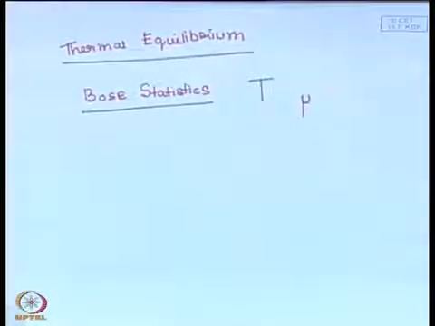Now, photons are not conserved. That is something I should have mentioned right in the beginning also. So, you can use these thermodynamic considerations to calculate the energy and then everything else, because photons can be destroyed and created. Okay. So, the number of photons essentially adjusts itself to the temperature.